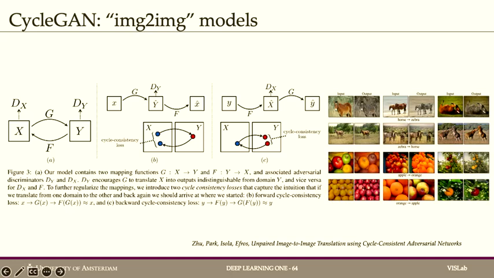That's the basic principle behind cycle-consistent learning. So you can get a learning signal, again, just from the data, by going to a different space and coming back.